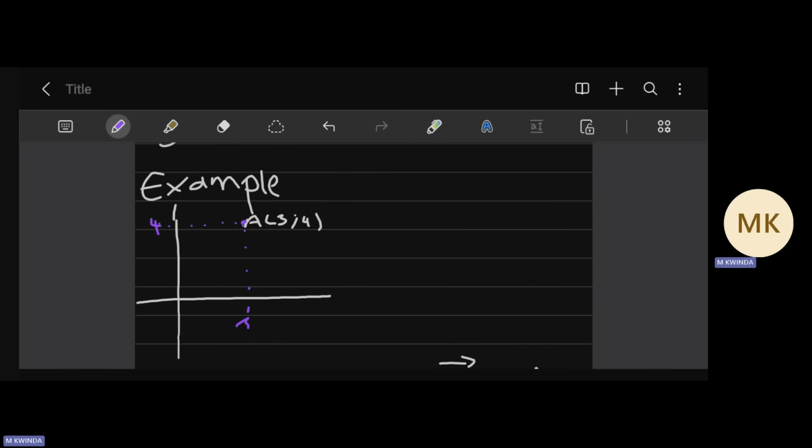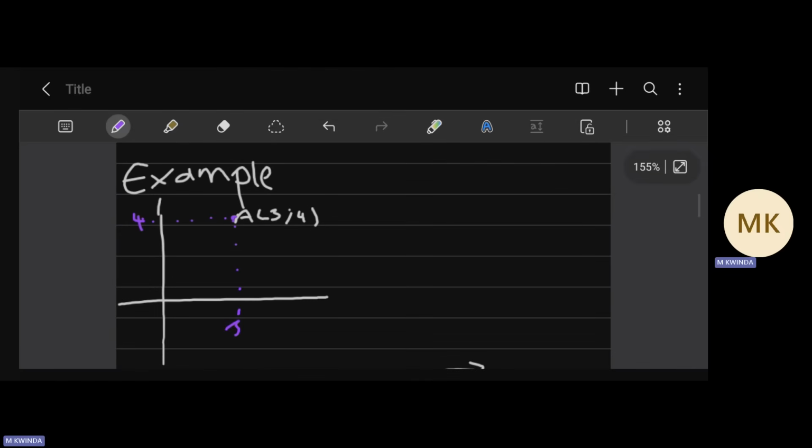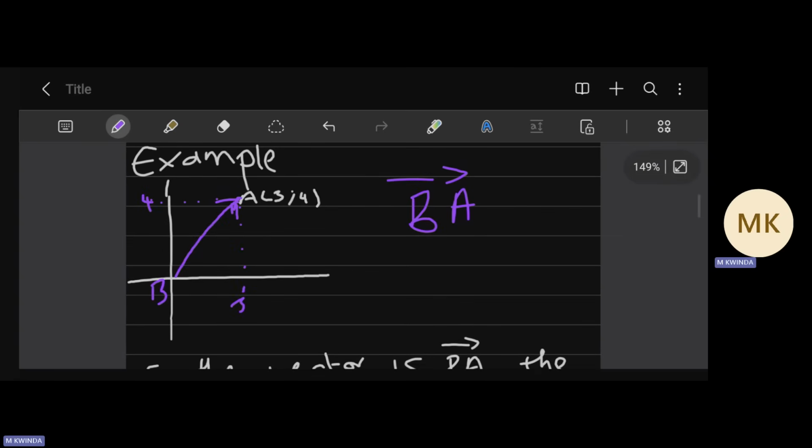Now, if they say to you, find or draw up the vector BA, obviously, if your A is here, and you know that you're supposed to move from B to A, your B would be somewhere there, and you would go like that, right? And that's basically what your thing is.